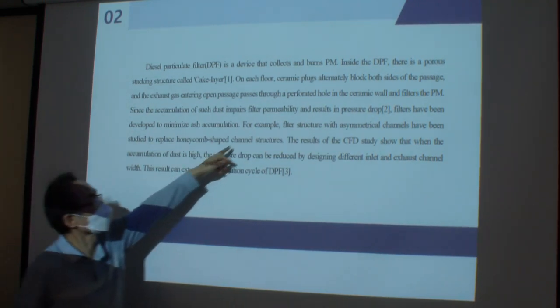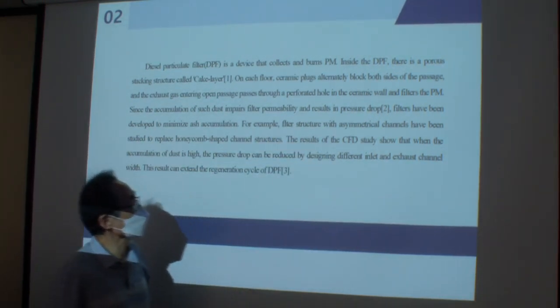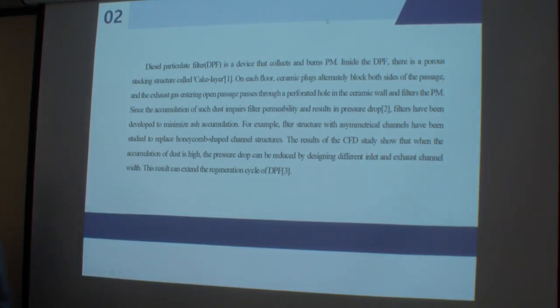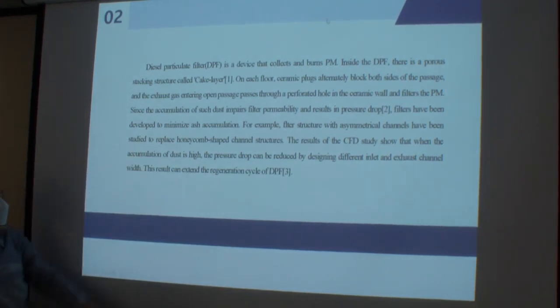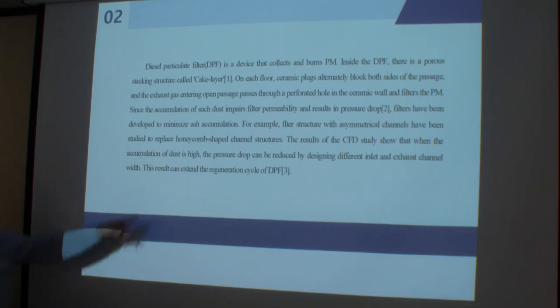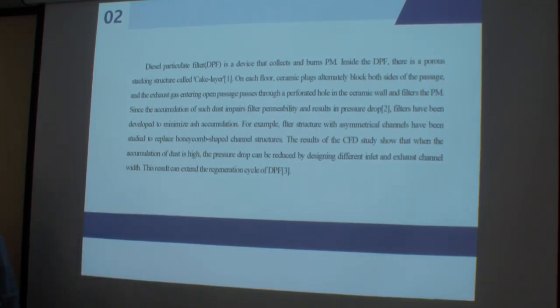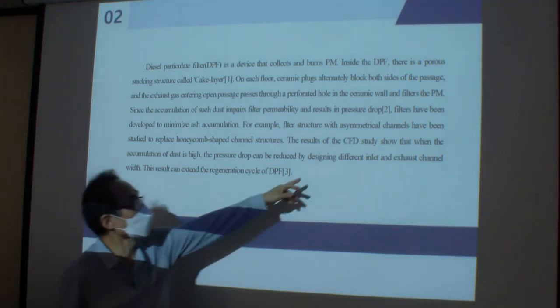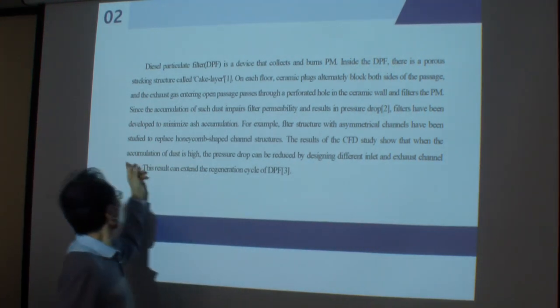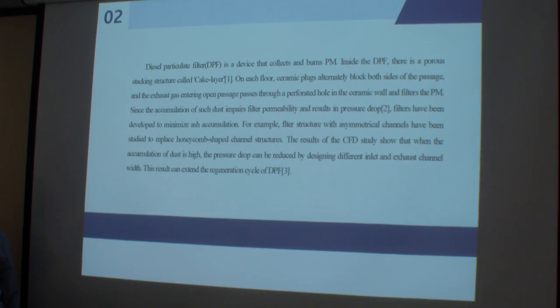For example, filter structures with asymmetrical channels have been studied to replace honeycomb-shaped channel structures. The result of CFD study shows that when the accumulation of dust is high, the pressure drop can be reduced by designing different inlet and exhaust channel widths.